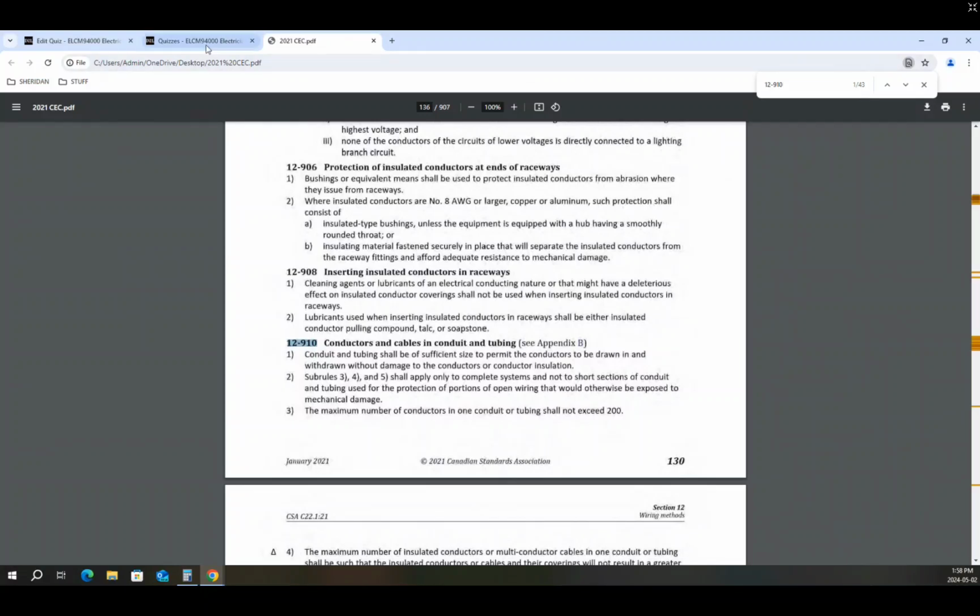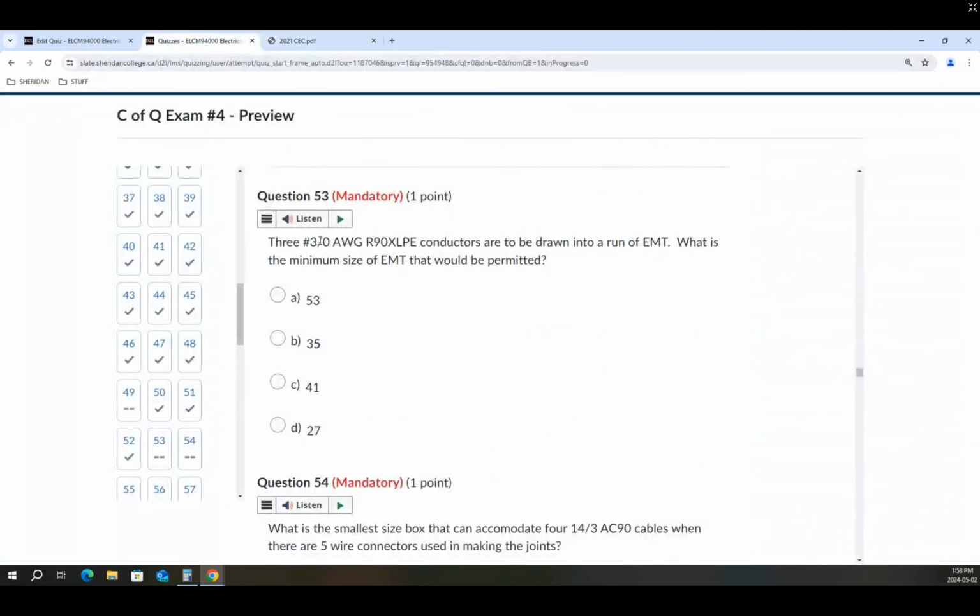We're in wiring methods. So 3/0 R90 into EMT. What size EMT do I need?